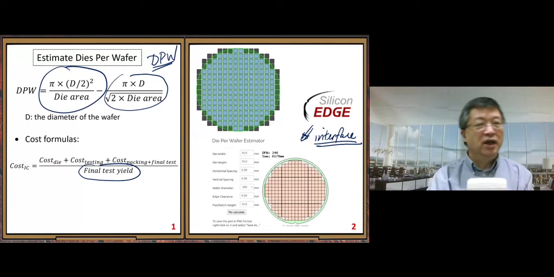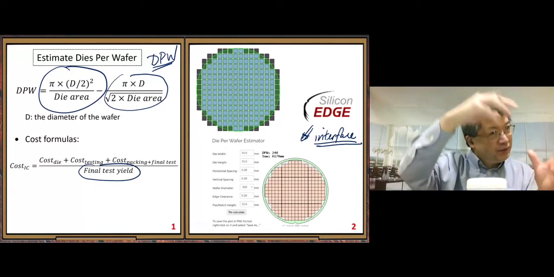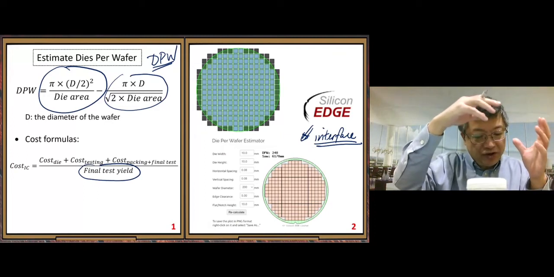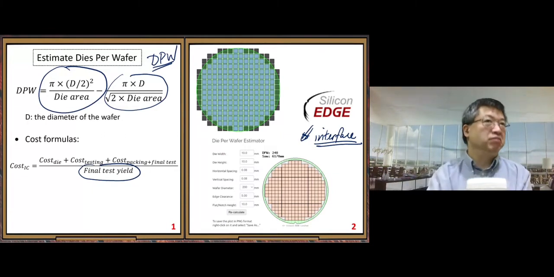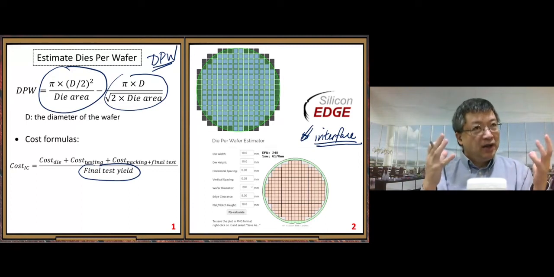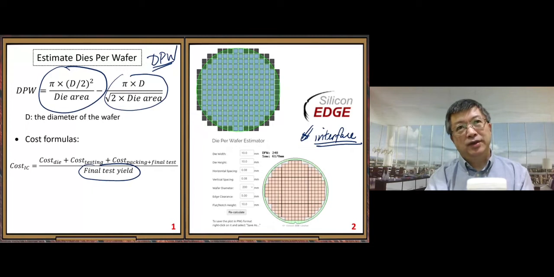So you need to scale your cost after this division by the final test yield. Hopefully that percentage is pretty high. Otherwise, your cost will be much bigger. If that yield is pretty high, then your total cost is okay.